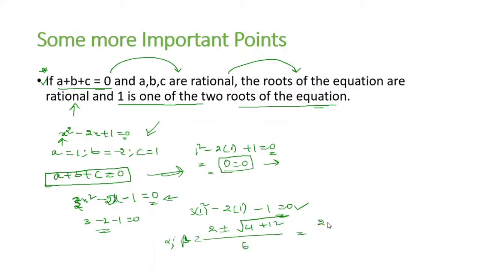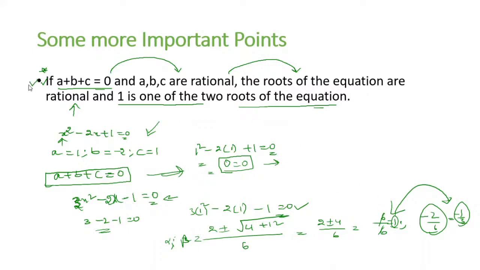This implies 2 plus or minus 4 by 6, that is 6 by 6 is one root and minus 2 by 6 is the other root. So this is 1 and minus 1 by 3. These two roots are rational and 1 is one of the two roots.